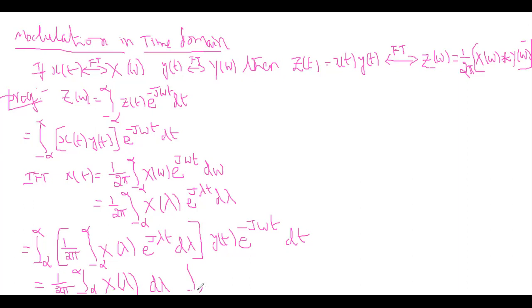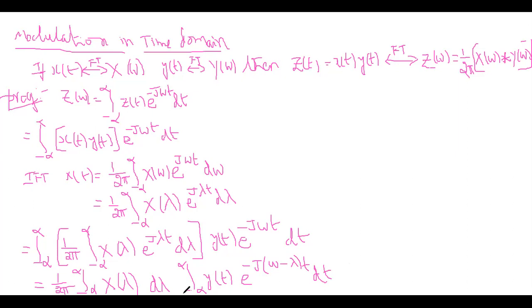For the second integral, from minus infinity to infinity, y of t, and take these two exponential functions, e power, both with the same base. Take the minus j, omega minus lambda, minus into minus is a plus, into t dt. So y of t e power minus j omega minus lambda into t dt.